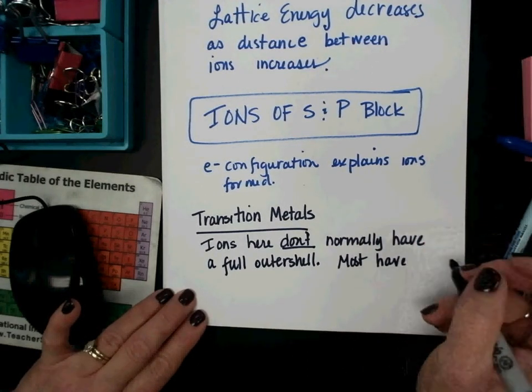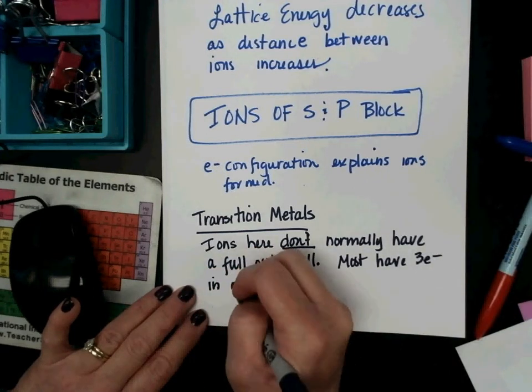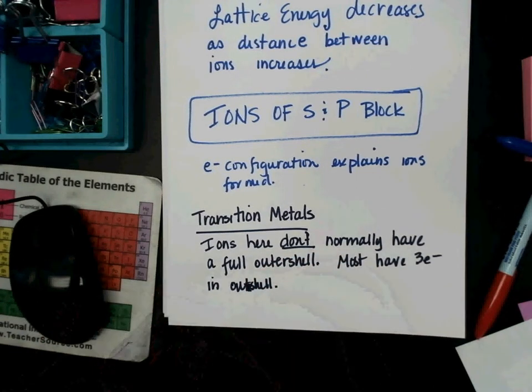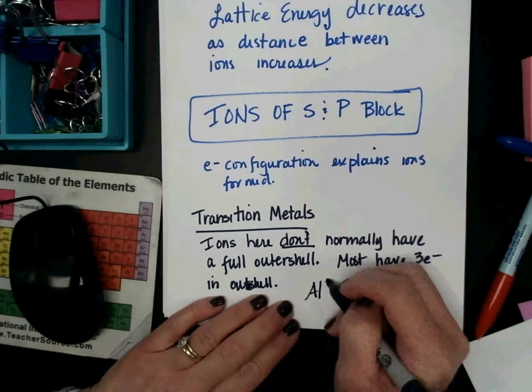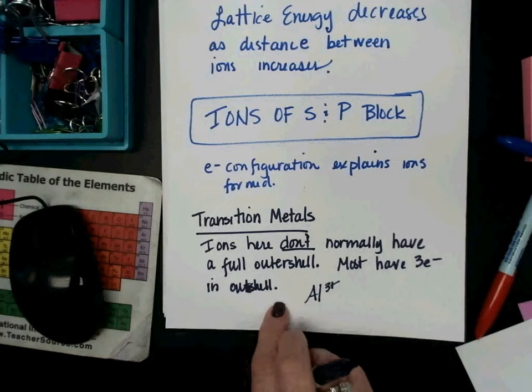Most of them have 3 electrons beyond a full outer shell, which is why we see a lot of them form, like I'm using aluminum for an example here, a lot of them will form ions with a 3+ charge. So they're happy to give up 3. After that, not so happy.